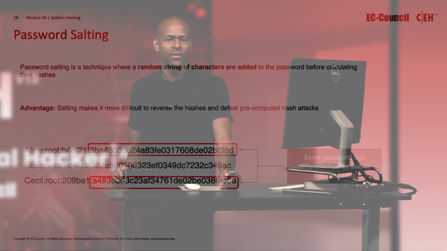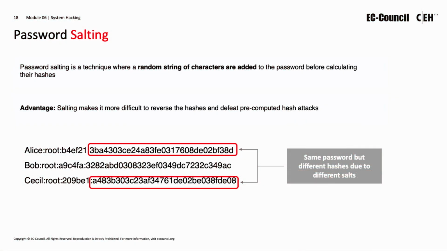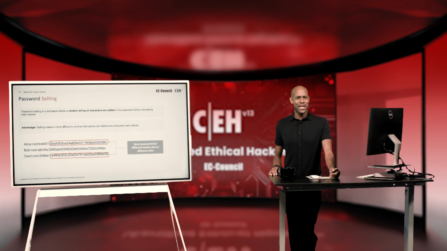But if you want to defend a common or easy password, you can put some random stuff at the end of the hash so that it will not match any other hash. That is called password salting. By the way, this is a look ahead into the class, because the very last topic I'm going to talk about in the entire class is password salting. It's called key stretching, making that even longer. So keep that in mind when we get towards the end.